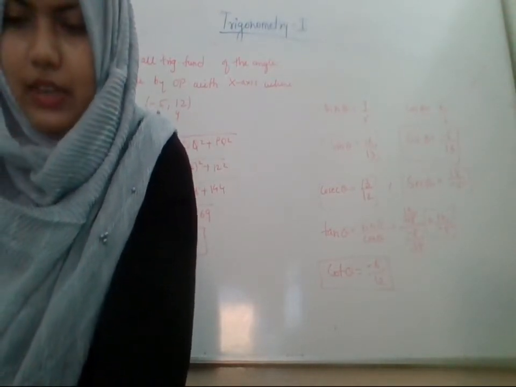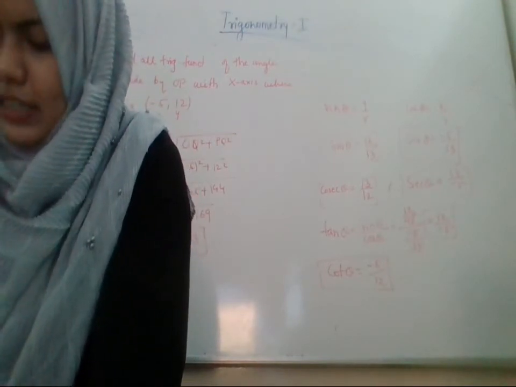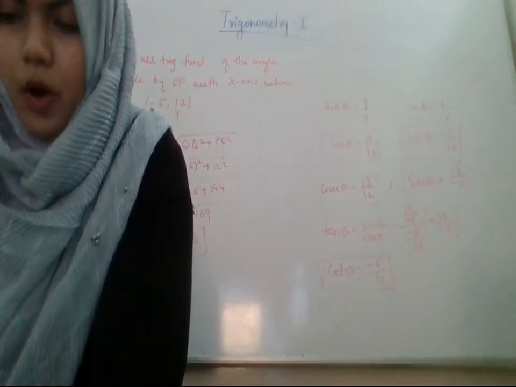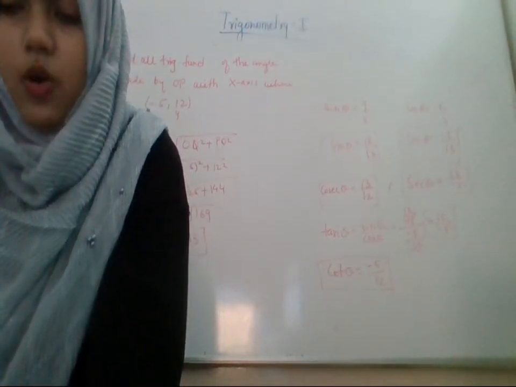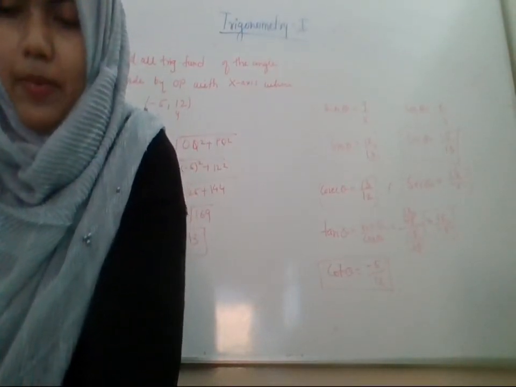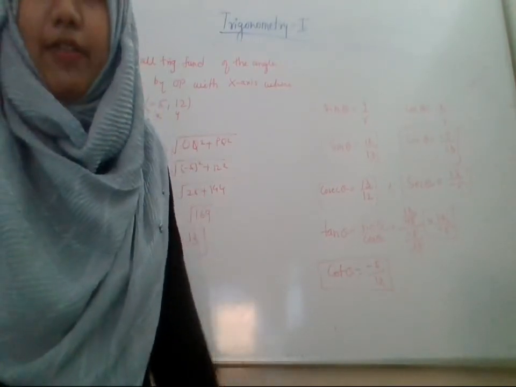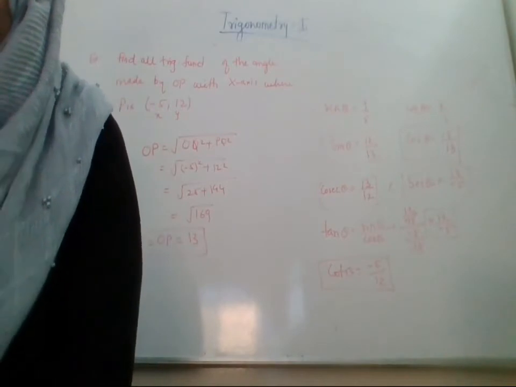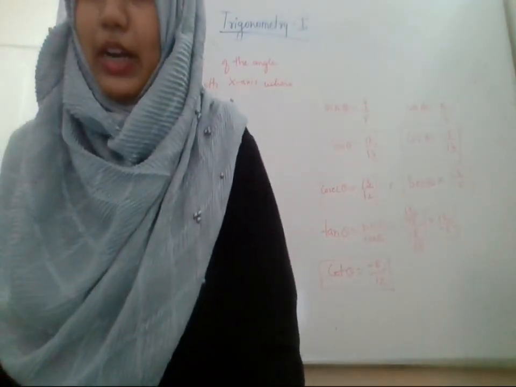Problem number 5 and problem number 6 in exercise 2.1 are for your homework. Both are simple problems, a similar type of problem we have covered in your class. Now we will solve the next problem, that is on page number 20.